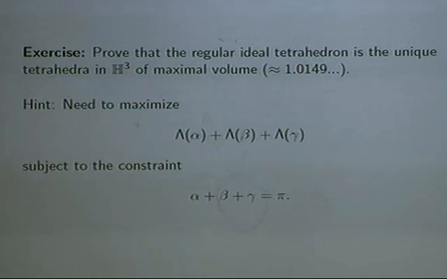What you need to do is maximize this sum, the Lobachevsky function of alpha plus beta plus gamma, subject to the constraint that the angles of our tetrahedron have to add up to pi.